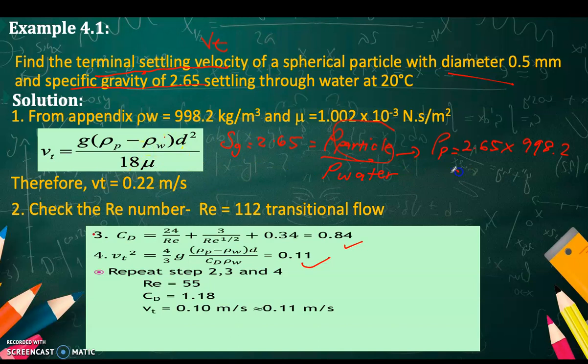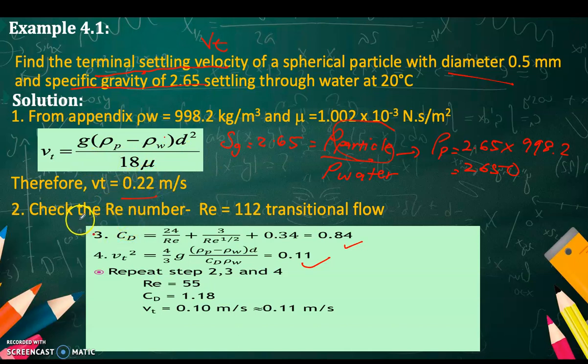The density of water is 998.2 and mu is 1.002, which you can find in the appendix. Then you solve for Vt and get Vt equals 0.22.